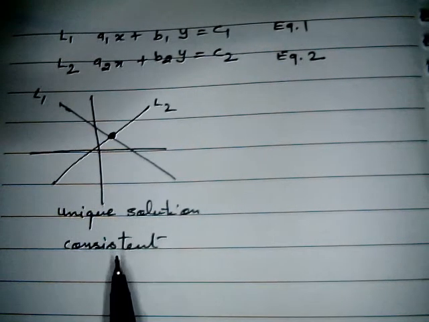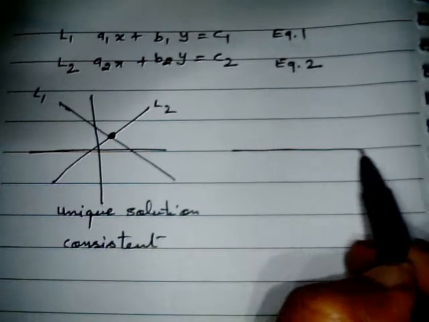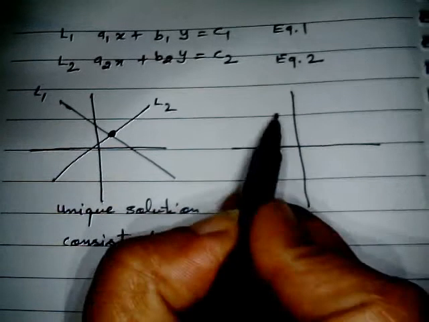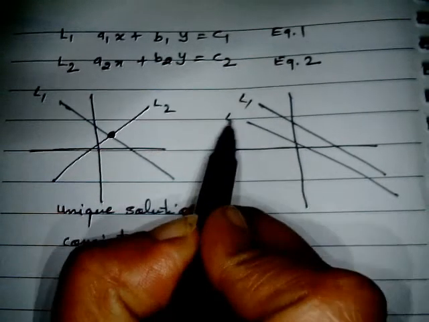Now the second type of graph: if you plot the graph of these lines, maybe you will get this pattern. This is the graph for the L1 line, this is the graph for the L2 line. These are parallel lines.